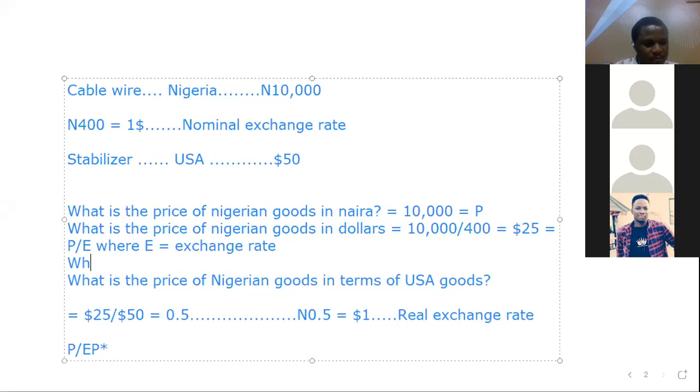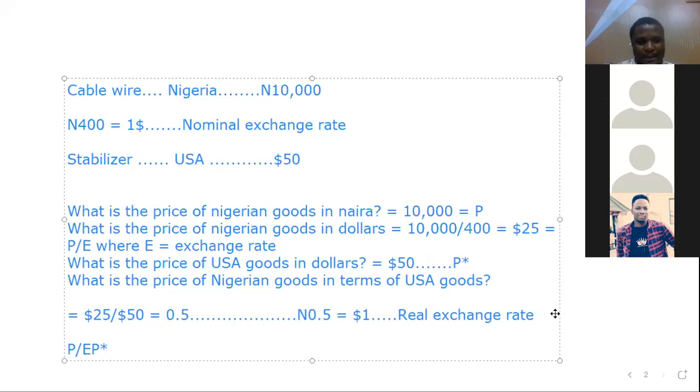What is the price of USA goods in dollars? That is equal to $50. I call this P star.